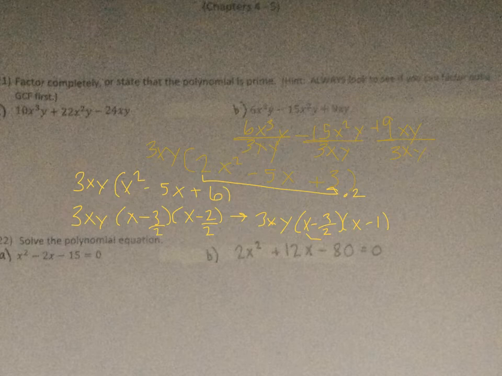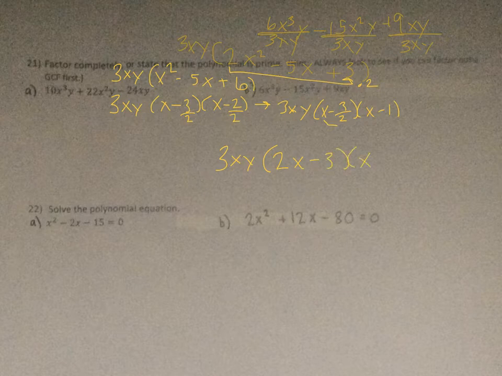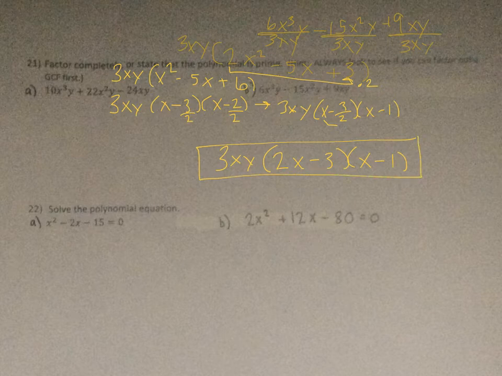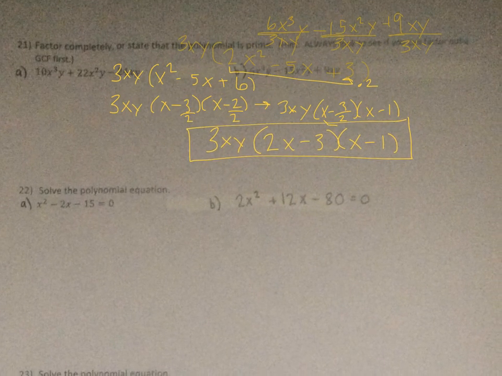So then our final answer here will be 3xy times, bring that 2 up, 2x minus 3 times x minus 1. And there we go. That is our final factored form of the polynomial.